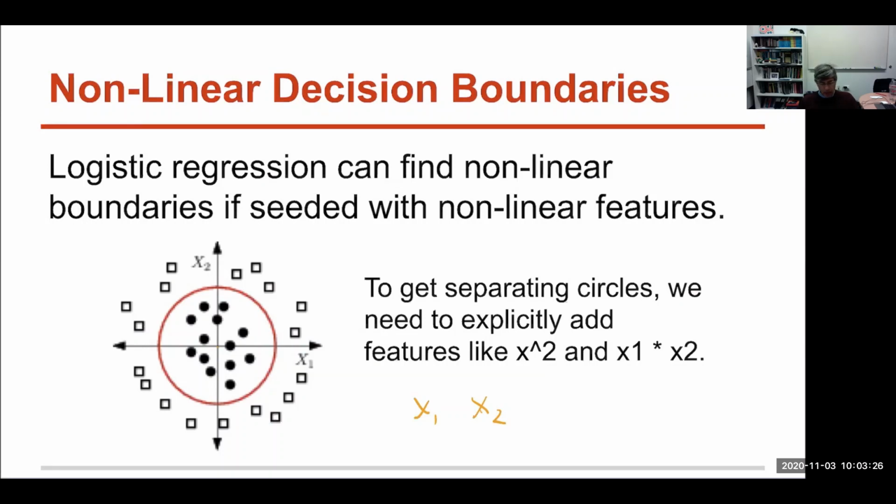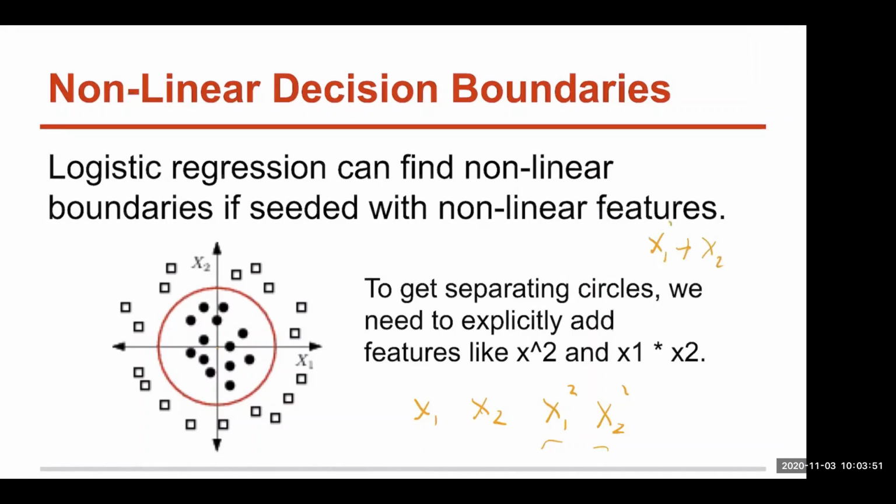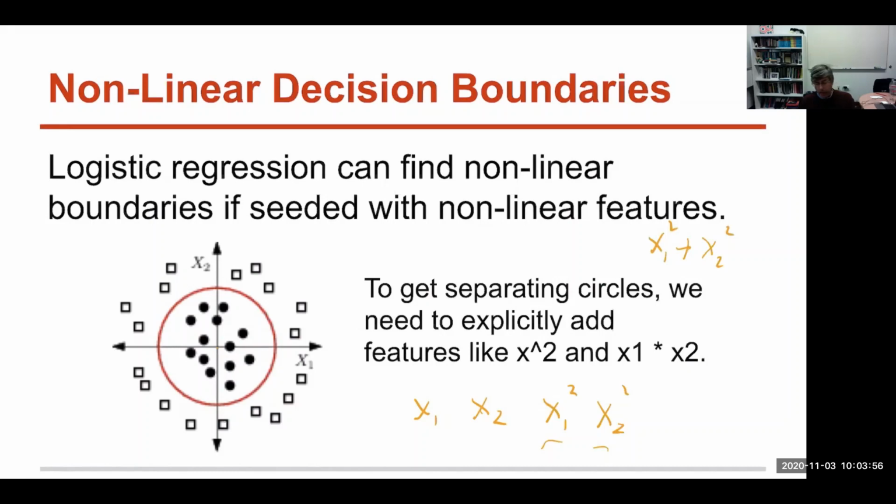My claim is that if we have x1 squared and x2 squared terms, the points that are further out, if we have a function like x1 squared plus x2 squared, are going to get a big value here. Does everybody kind of see that?